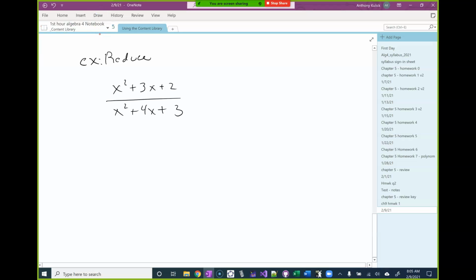So let's talk first briefly about things that you can't do. Is it okay to do that? Look, I have an x squared on the top and x squared on the bottom. Can I just cross them out like that?